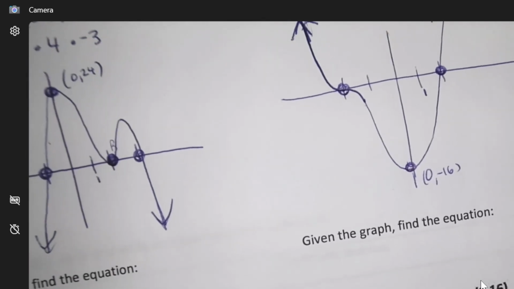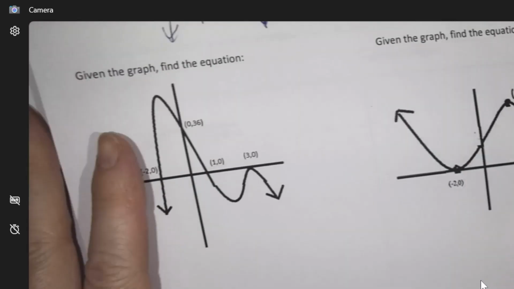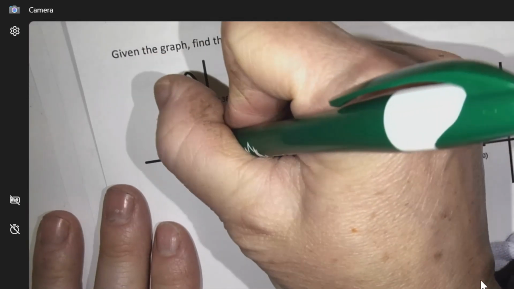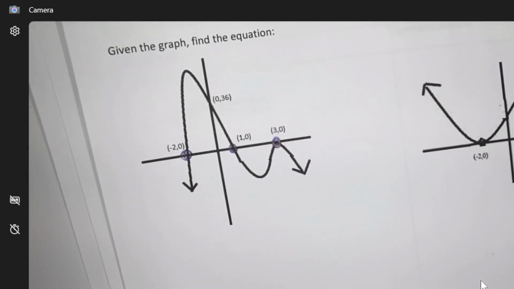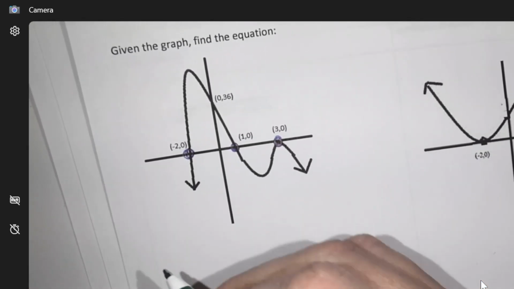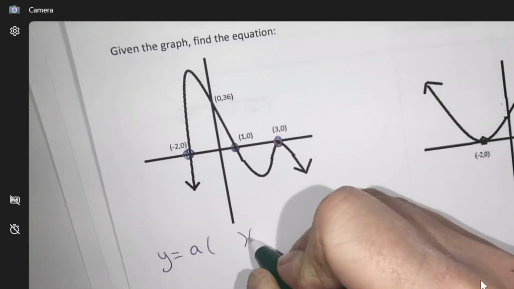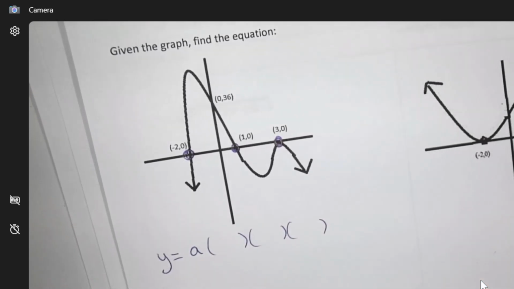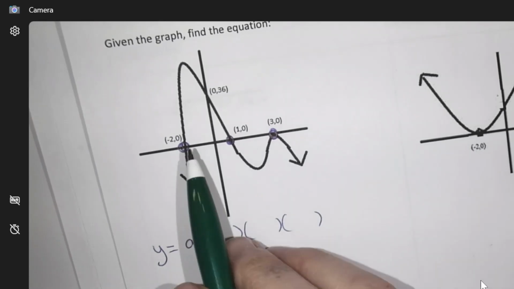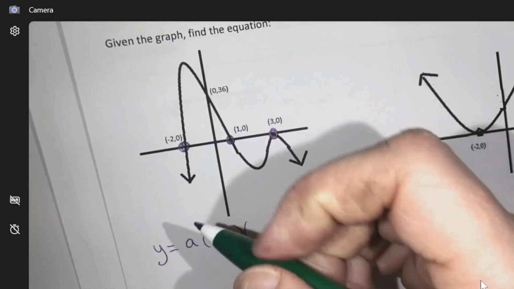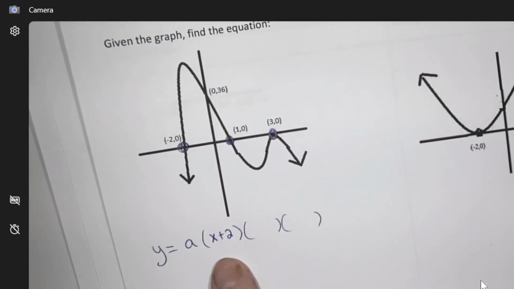Okay, a couple more and then we're done for today. Okay, find the equation. All right, so now here's what I'm going to do. I'm going to go y equals a, and then I'm going to list some factors. Okay, so here we're going through -2, so I'm going to write the factor x plus 2.